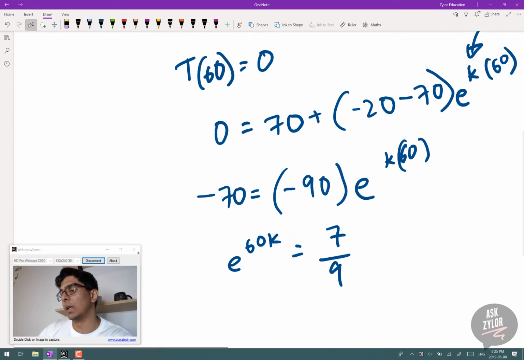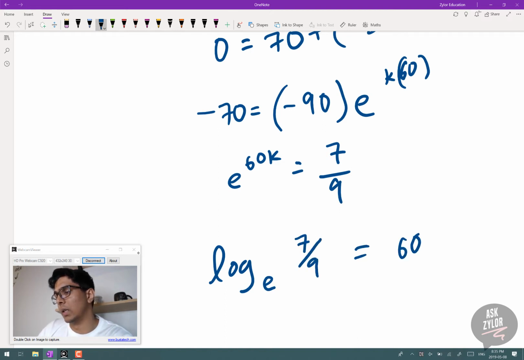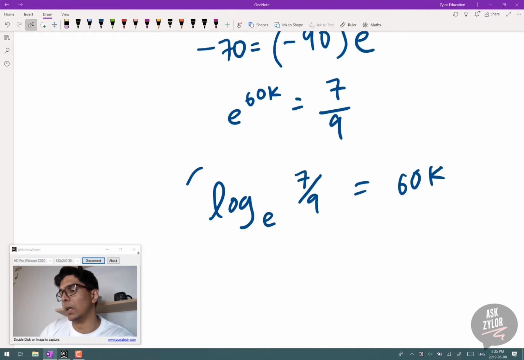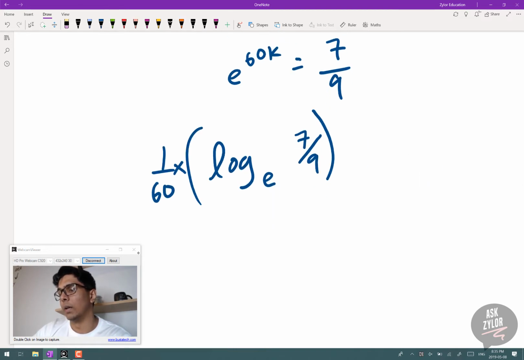Right. Then I can convert this into a log equation, which would be log base e of 7 over 9 gives me 60k. Right. Then I can evaluate what log base e of 7 over 9 is, and then multiply both sides by 1 over 60. So I have an equation for k now.